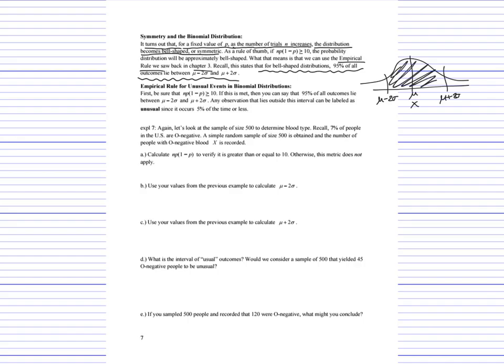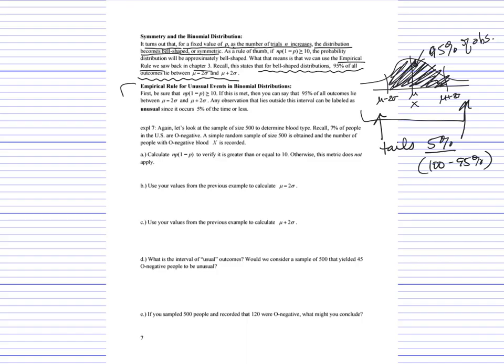What we're saying is that 95% of the possible values of x lie within this region, which of course, if the whole thing is 100%, means on the tails you get 5%, right? 100 minus 95%, the middle.